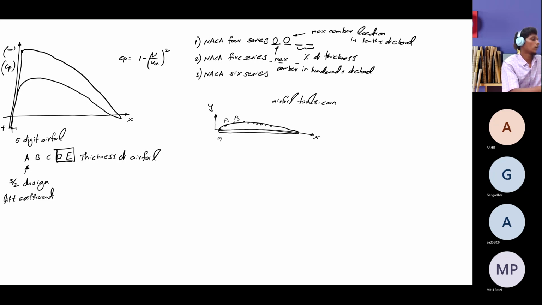And then we have the characteristics of an aerofoil for an infinite wing without ends. That is what we call an airfoil.